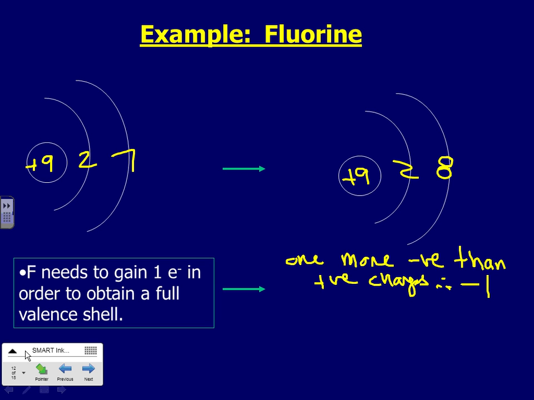Valence shell. Excellent. Valence means outer shell. And that's not a bad word to write down. Valence shell means outer shell. It's the outermost shell. Again, I like to know where words come from. They help me remember things.